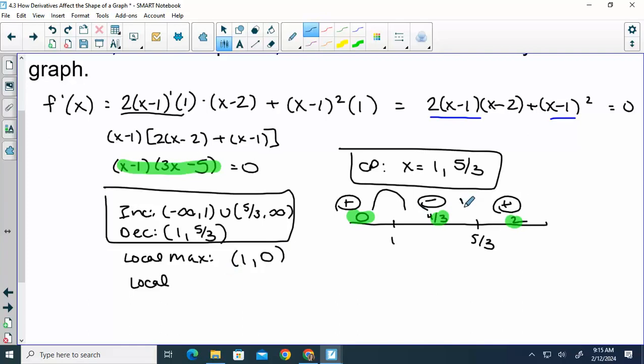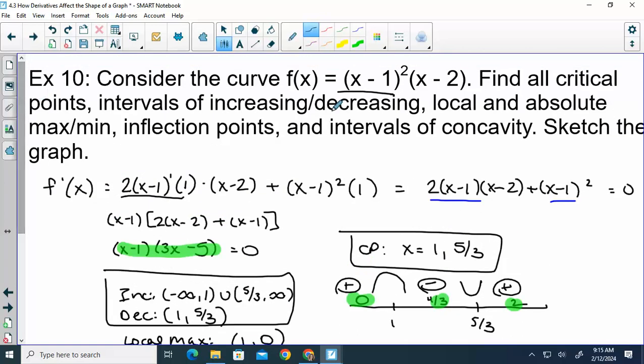And then at 5/3, we went from decreasing to increasing, so that is a min. Put in 5/3 to the original. We get negative 4/27.